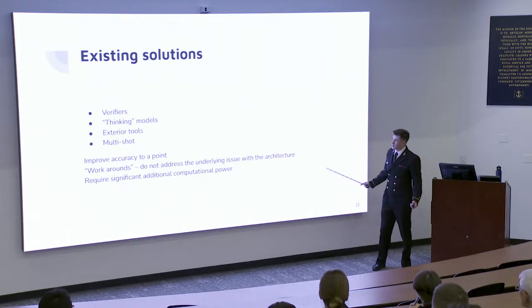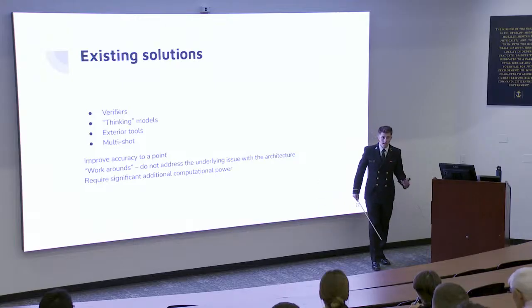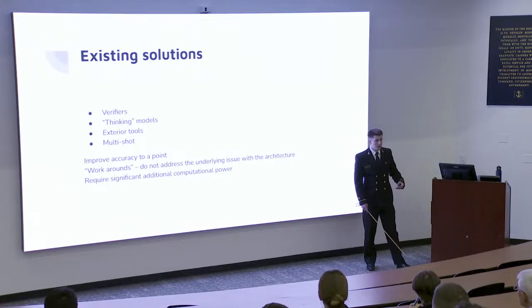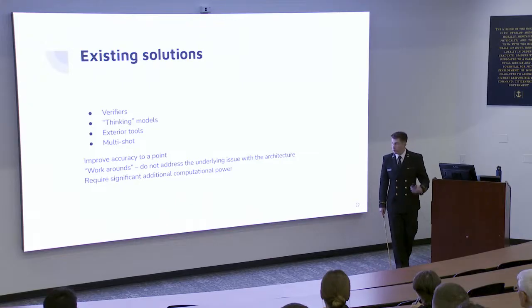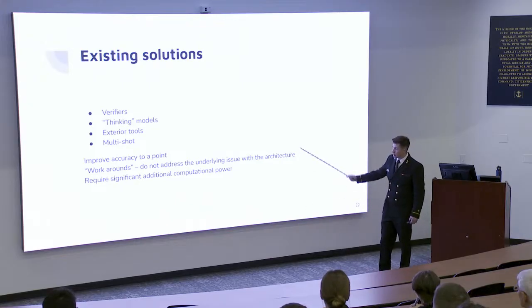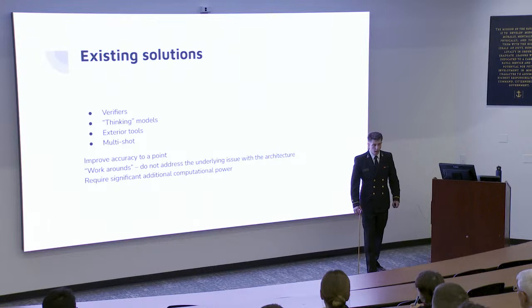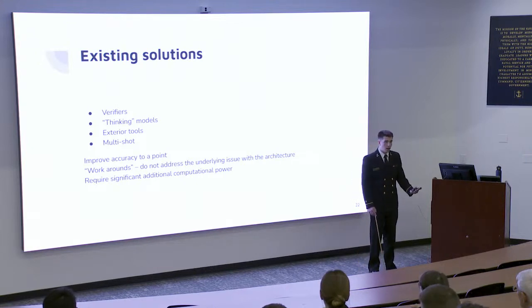There are several existing solutions which attempt to remedy this area. First, verifiers, where a researcher trains a separate model to verify when the answer is correct and to guide the model and choose more correct answers. Second, thinking models, where a transformer is trained to initially output a chain of thought, guiding its future result when giving the answer.